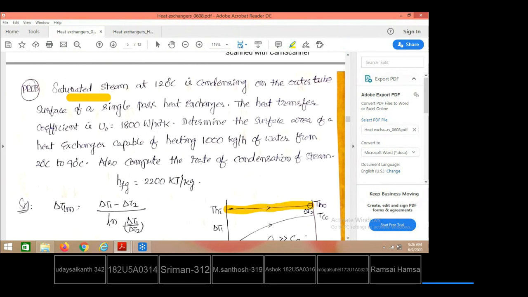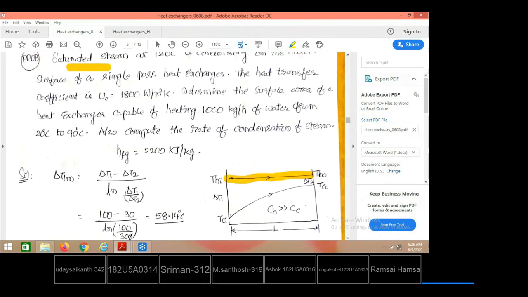So Thi equals Th naught in the case of condenser. It is allowed to condense over a tube. The heat transfer coefficient, U naught value, is given. Determine the surface area required. What is the A naught value?